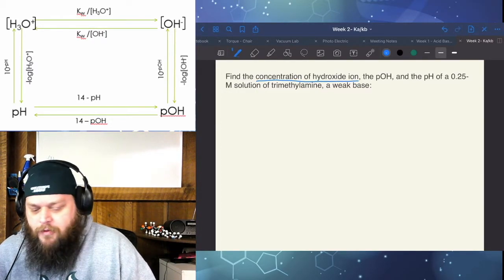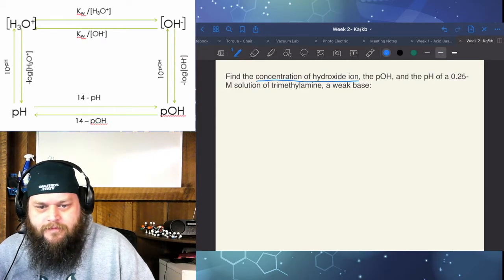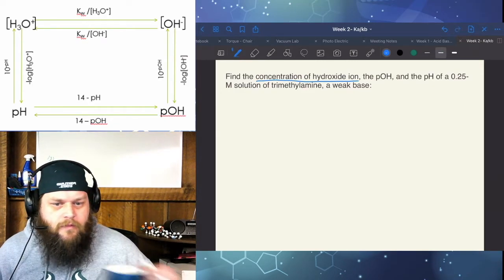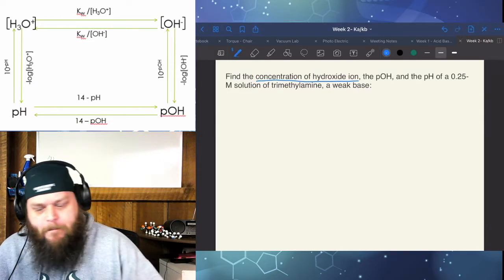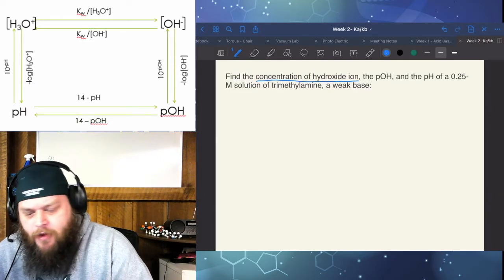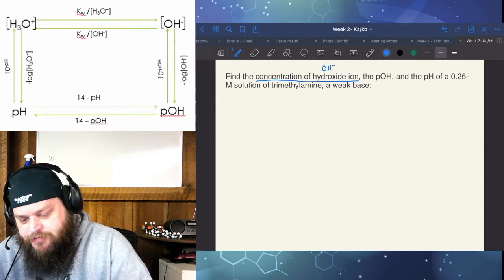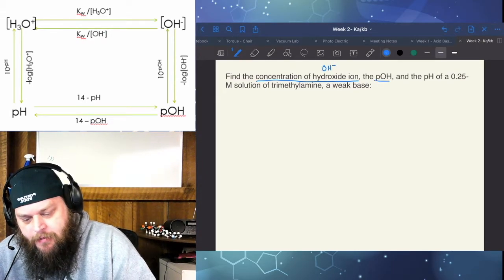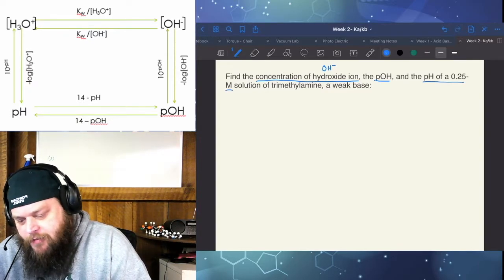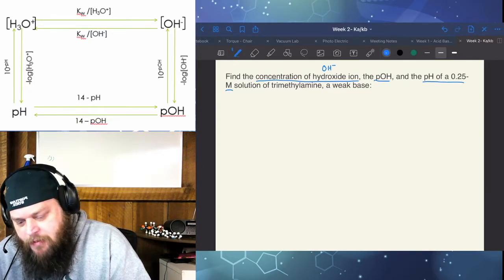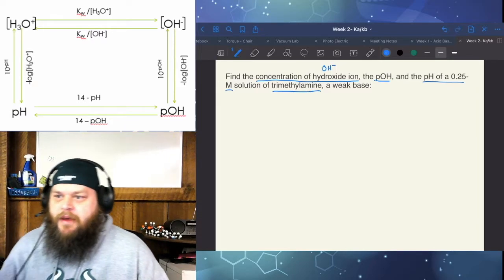What's the chemical formula for it? Yep, OH minus. And the pOH and the pH of a 0.25 molar solution of trimethylamine, which is a weak base.